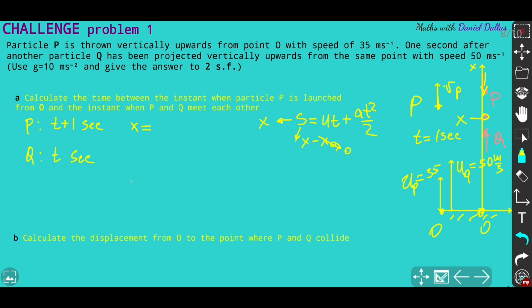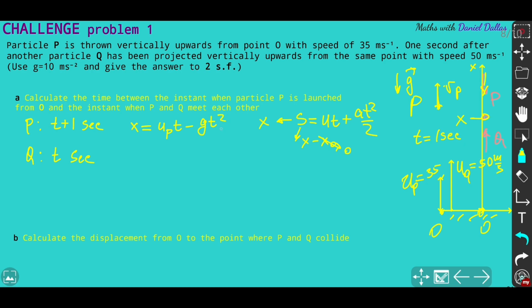Initial speed u_P times t, and as you understand, it's positive, right? Our initial velocity is directed the same way as the x-axis, so that's why it's positive. However, acceleration is directed downward and has a negative sign, so it's going to be minus gt squared over 2.